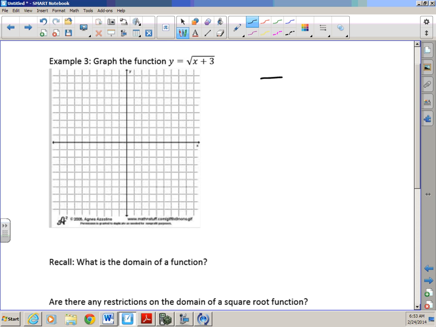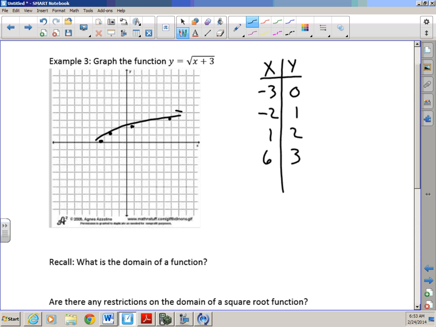And when I do this, what you'll see happen here is -3, 0, -2, 1, 1, 2, 6, 3.